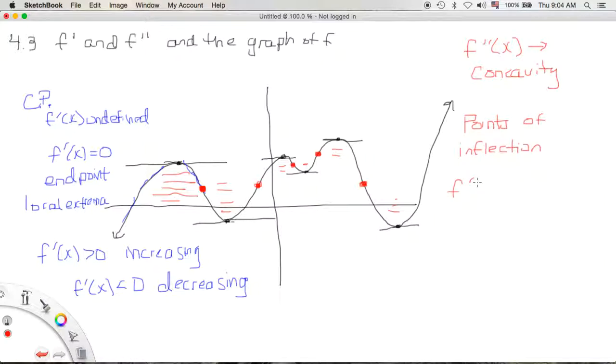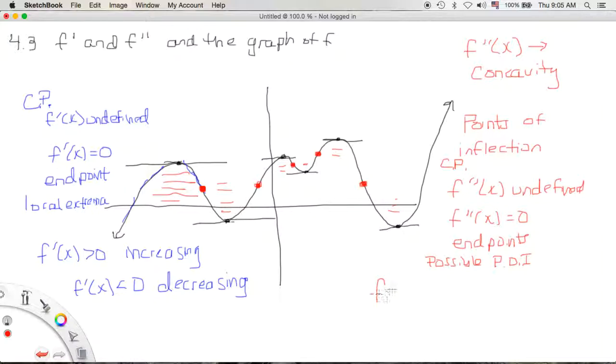When we have critical points for the second derivative, where it's undefined, or where it's equal to 0, or at the endpoints if we have a closed interval, then we have possible points of inflection, and we can test them to see if we have points of inflection, just like we do with the first derivative.